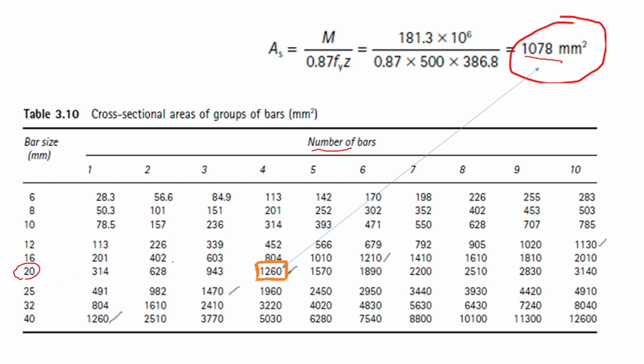So out of this 1078, this 1260 is the next one higher, just to sufficiently provide the requirement of 1078 square millimeters. You don't go to 5070, it's not economical. 943 is not sufficient. So meaning your bar here, if this is your beam, you have 4 pieces, 1 2 3 4, okay? 4 pieces of your 20 mm diameter.